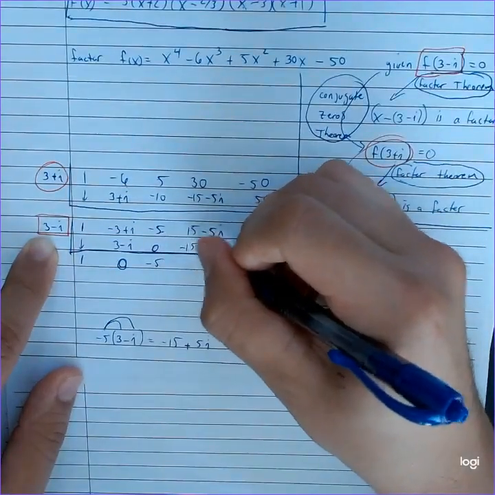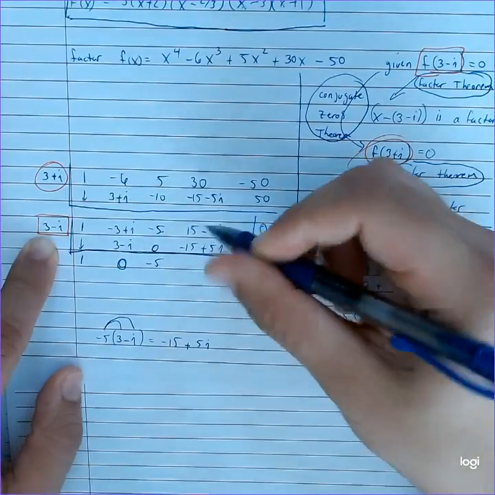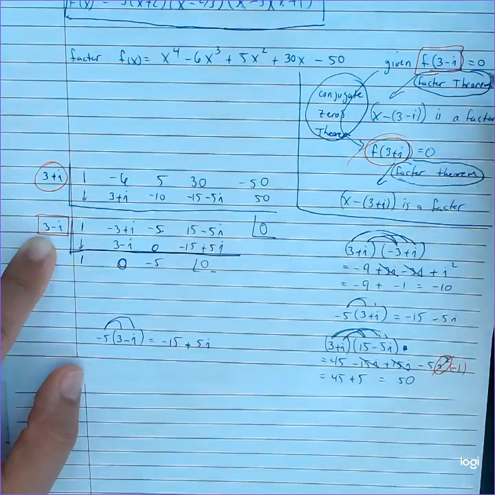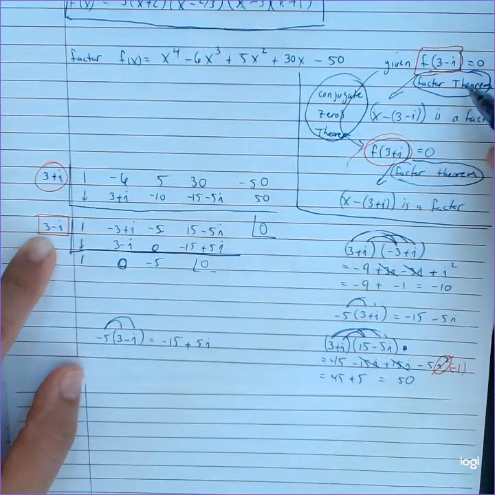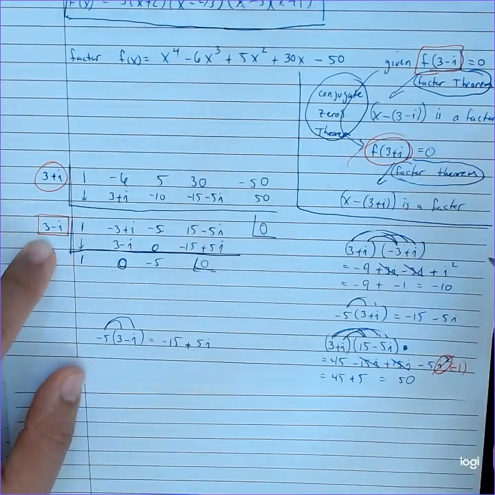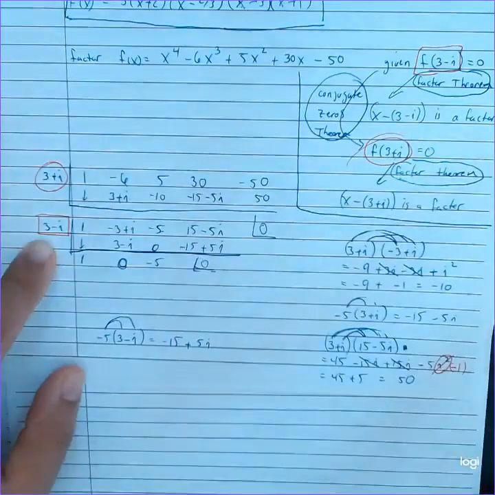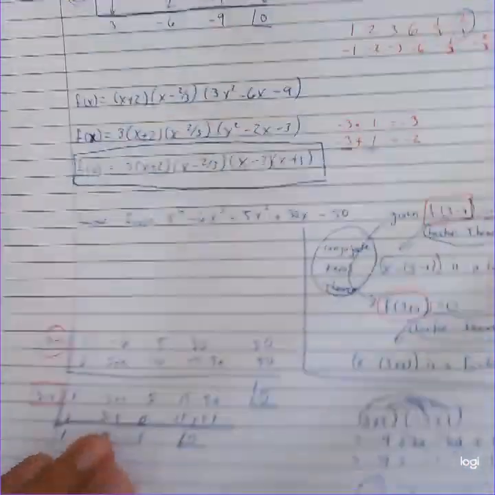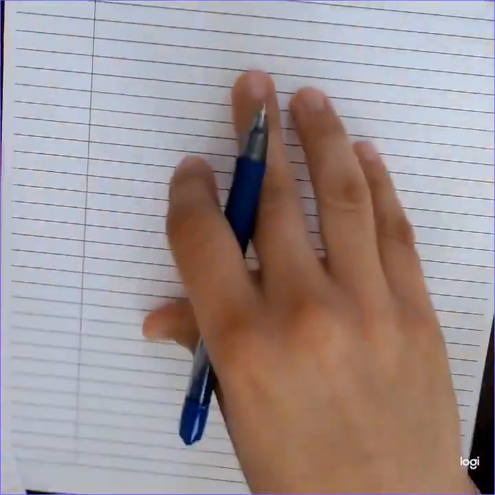And so negative 15 plus 5i. Notice that's 0 and that's 0, which is what we were expecting. We were expecting the result to be 0 because we know that 3 minus i is a zero of our factor. We were given that. But now we have our polynomial function factored out significantly.